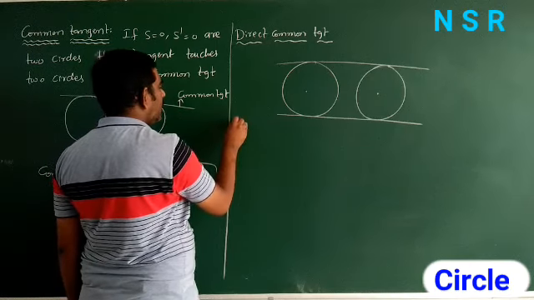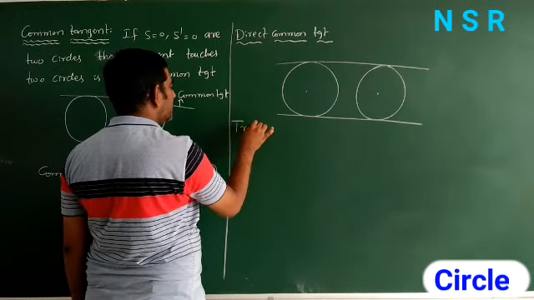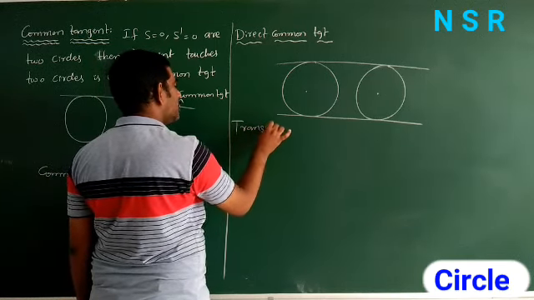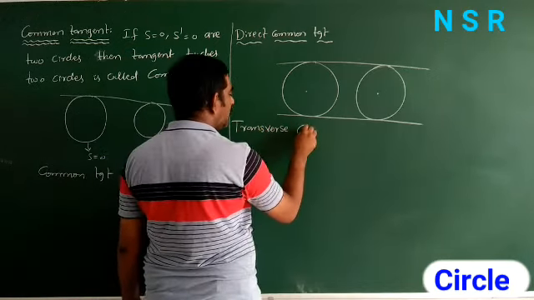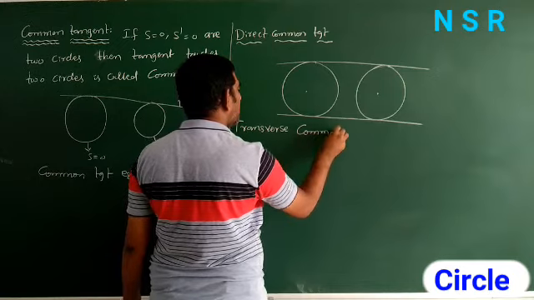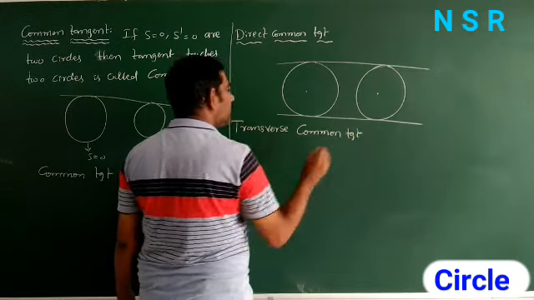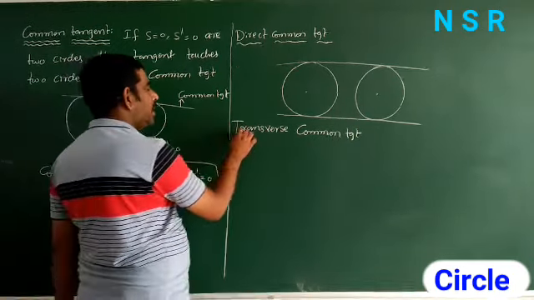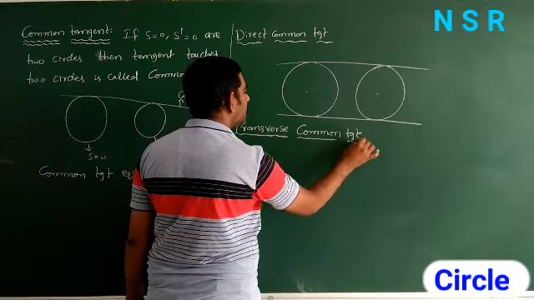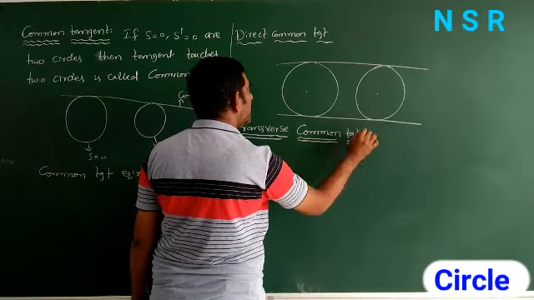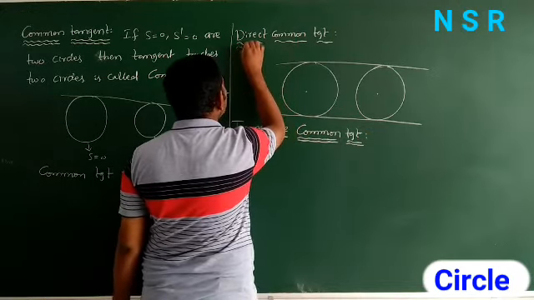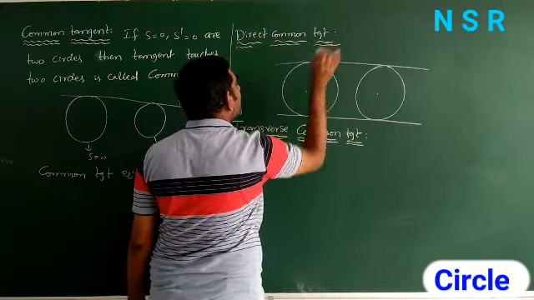Next we have the transverse common tangent. This is the second one. Direct common tangent means a tangent touches the circles on the same side. Transverse common tangent is the reverse: the tangent touches the circles on different sides.